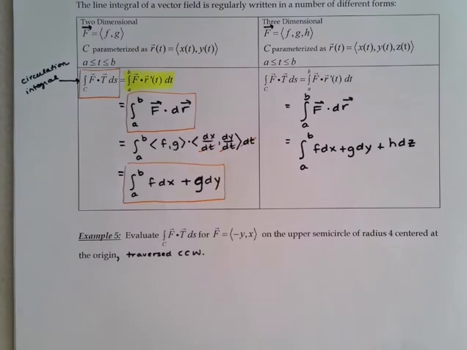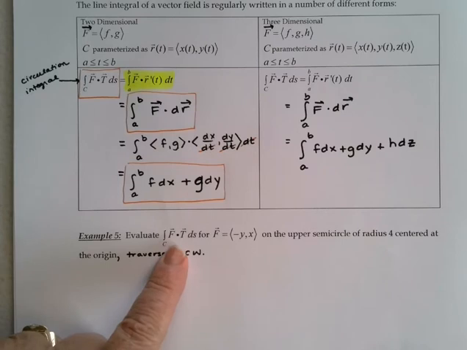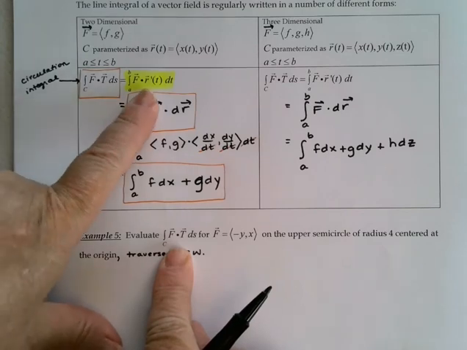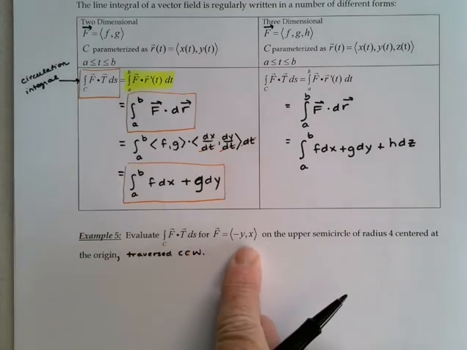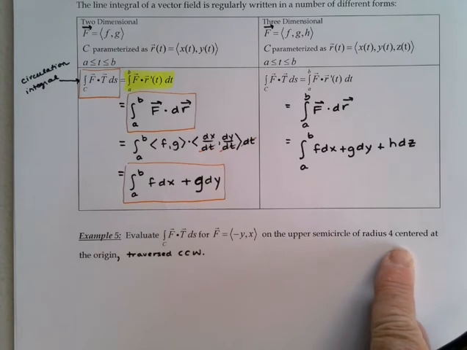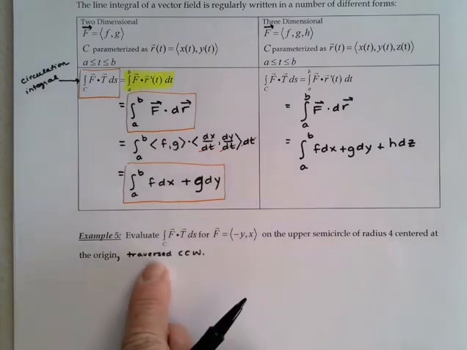Let's go ahead and in example 5, let's find one of these circulation integrals. Notice I've given it to us in the form F dot T ds, but I'm going to do it this way. The vector field this time is minus y, x, and the path C is going to be the upper semicircle of radius 4, centered at the origin. And I should have included this information, so if you would add that, please.